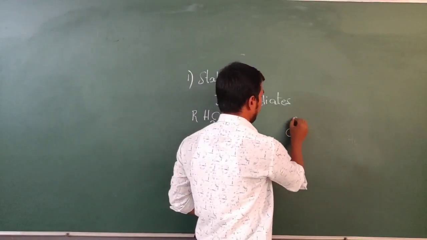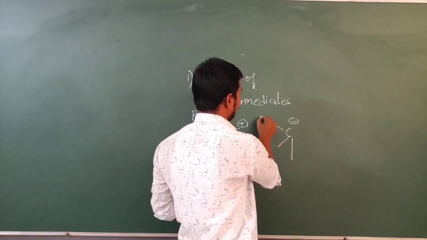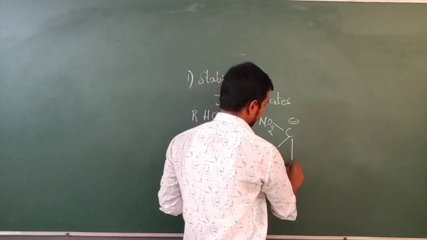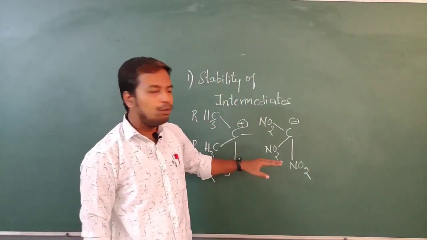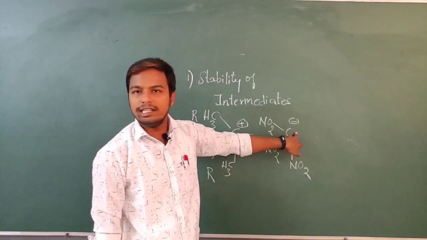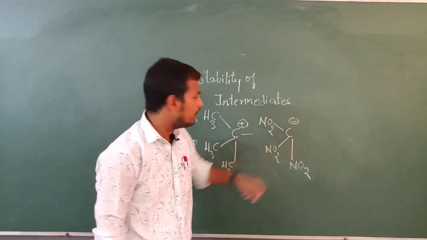So this is the carbanion, and I am replacing the 3 groups with electron withdrawing groups. For example, I am taking NO2, that is the nitro group. These nitro groups pull the electrons towards themselves. So the electron density on the carbanion decreases. Why?